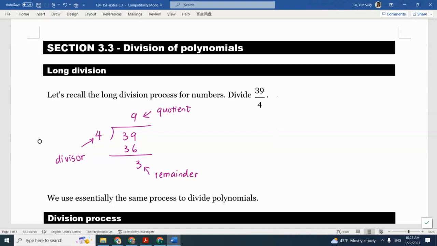So this means 39 over 4 equals 9 plus remainder 3 over 4. So you get the quotient plus the remainder over the divisor.